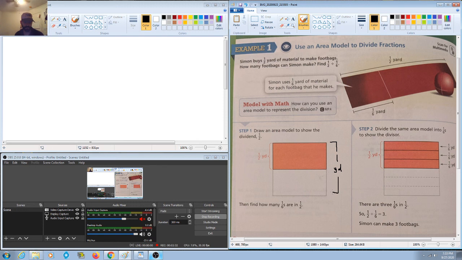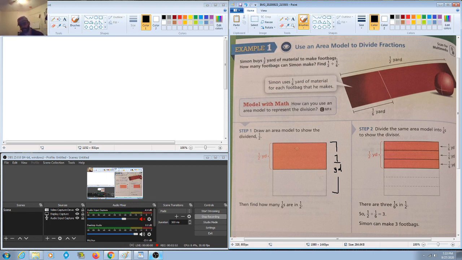So give my 1 a hat. There we go. Alright, so that's 1 yard of material. Now that we have split the material into 1/2, what we want to do is split that 1/2 of a yard into 1/6 pieces.